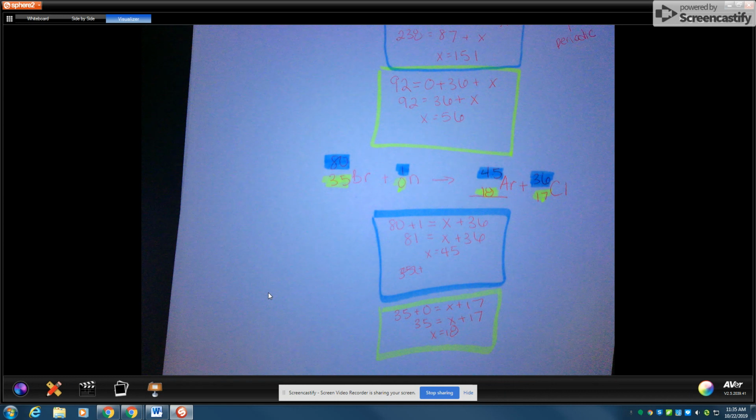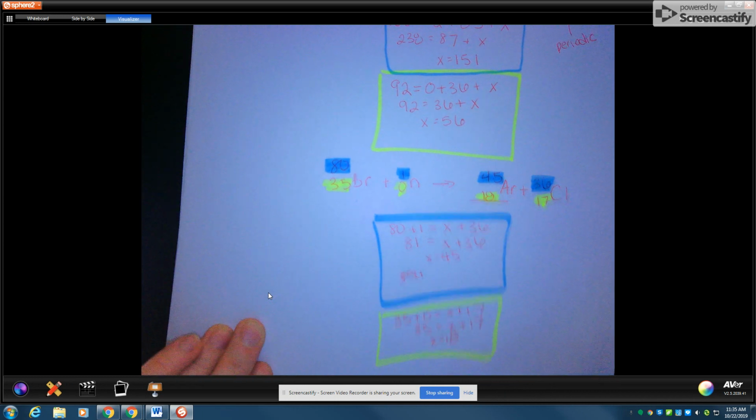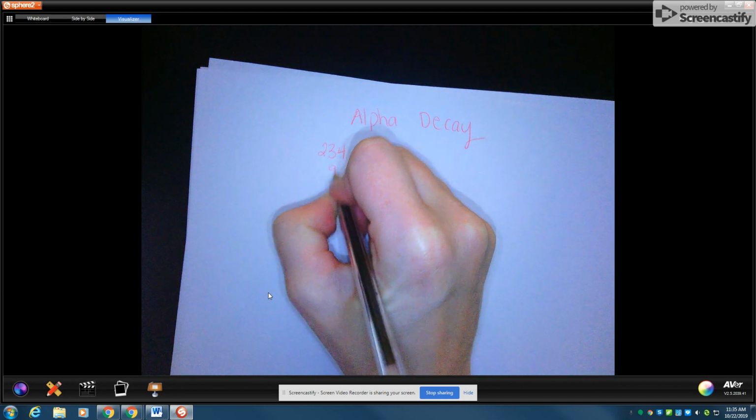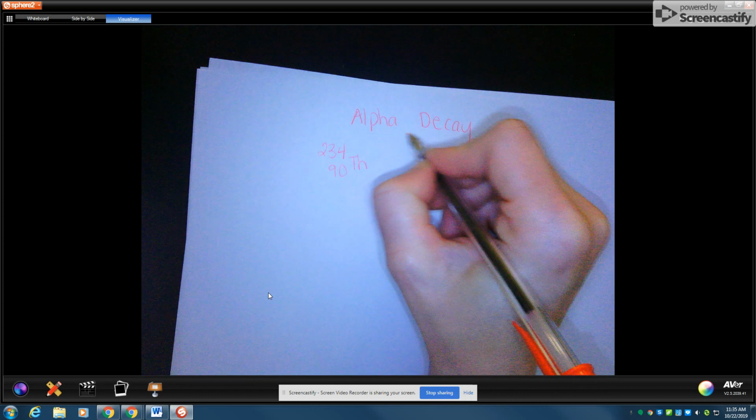And then in this video, I'm going to go over how to do alpha and beta decay. So the word decay implies that it's breaking apart. The most common ones that you see might be thorium-234. It'll say alpha decay of thorium-234.